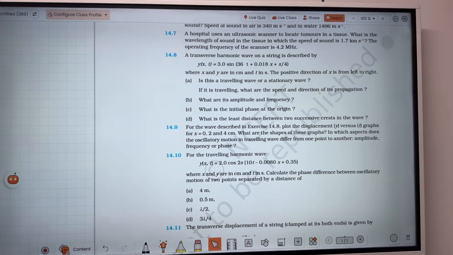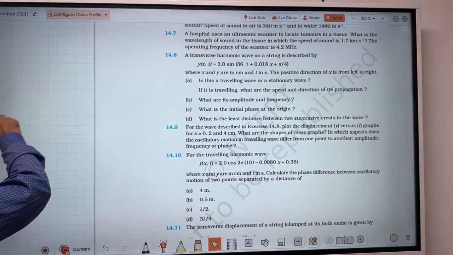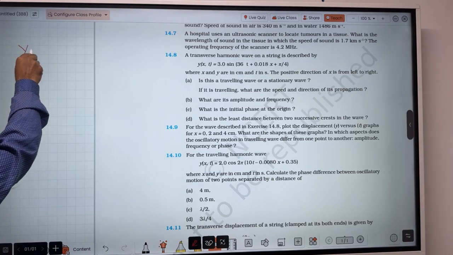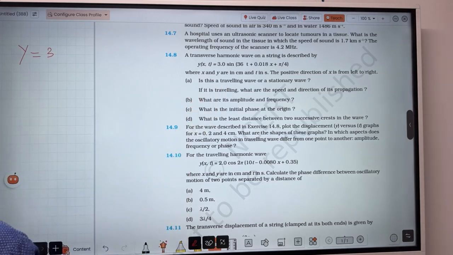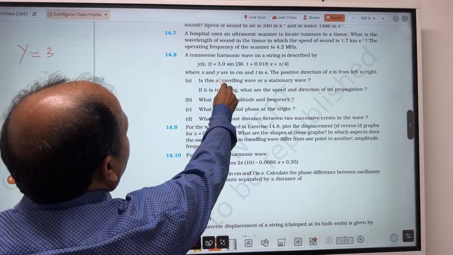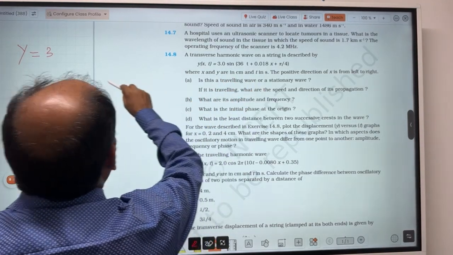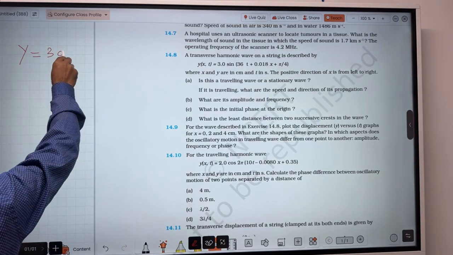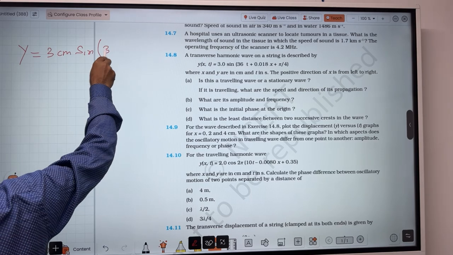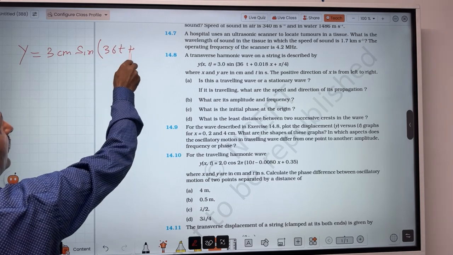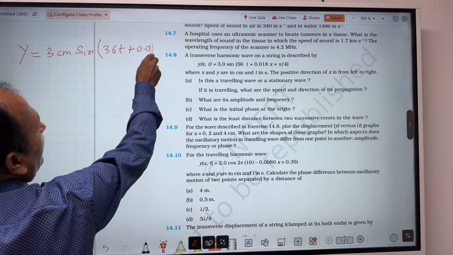Of course, it is a traveling wave. So if it is a traveling wave, in that case we can evaluate. From the equation, various factors can be determined. y equal to 3 cm sin(36t + 0.018x + π/4). Here y is in centimeter.